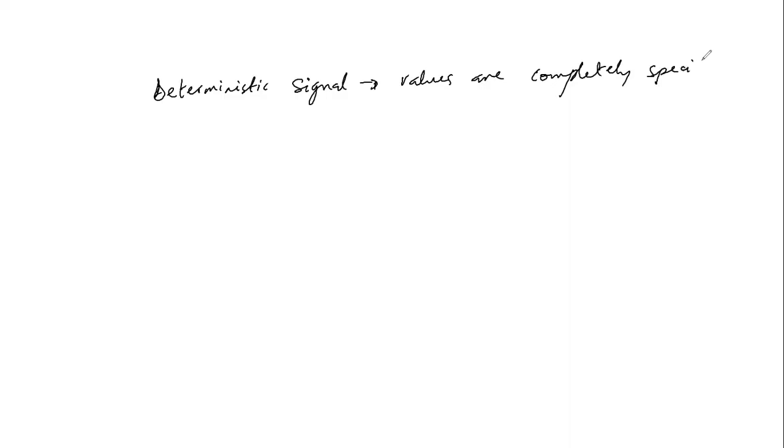Another classification we have here is the deterministic signal. This is a signal whose values are completely specified for any given time interval.